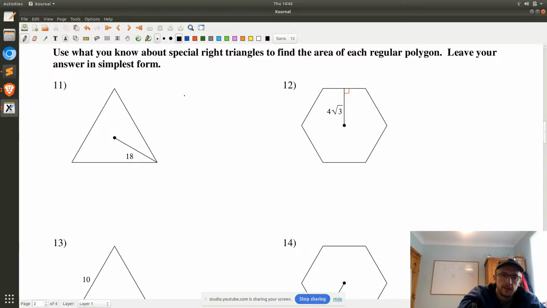I mean, base times height divided by 2. What is known about special right triangles? Okay, so we're actually out of time here, so I have to come back to this. Be well.